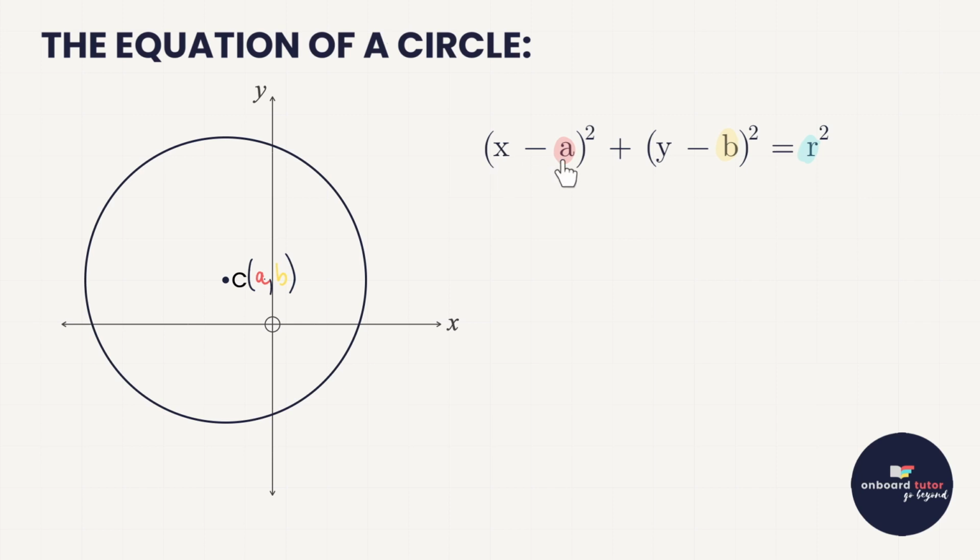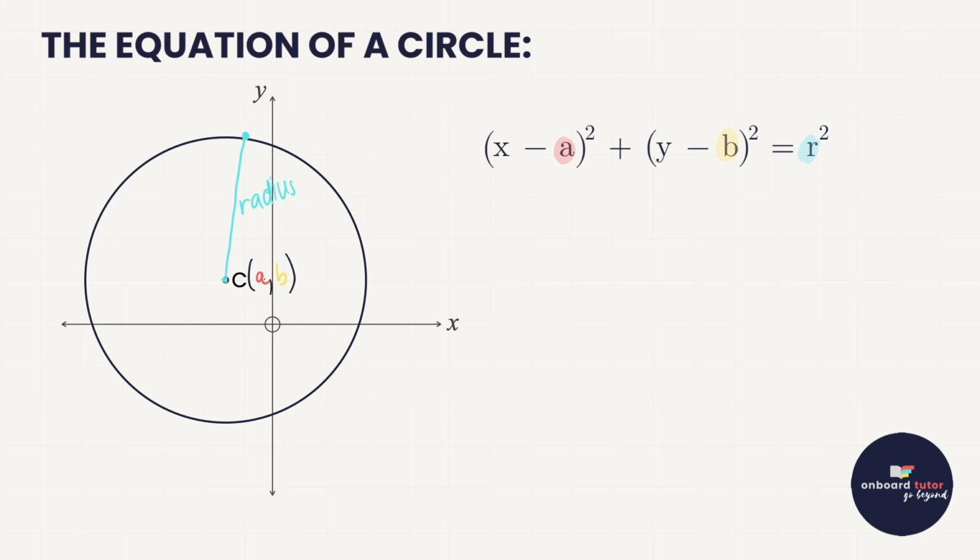Okay, the x coordinate goes with the x, the y coordinate goes with y. Be very careful. Do you see how the equation has a negative sign in it? So we would actually be changing the signs of these, but you'll start to see that as we do more and more examples. And then r, in this case it's r squared, is the radius of the circle. So basically the length from the center to the circumference. Okay, so that's the equation of the circle.